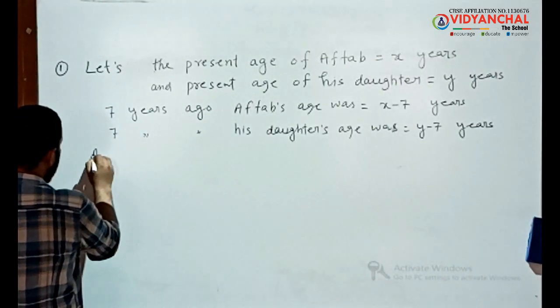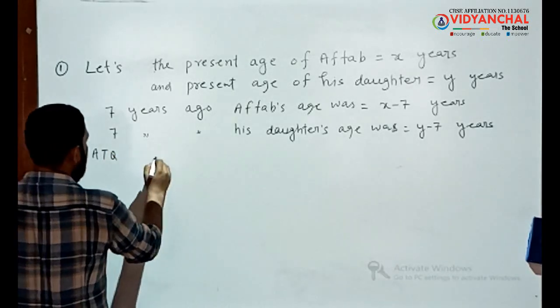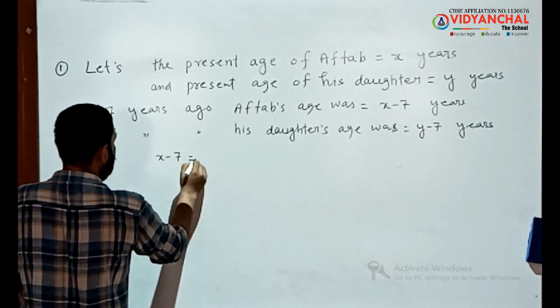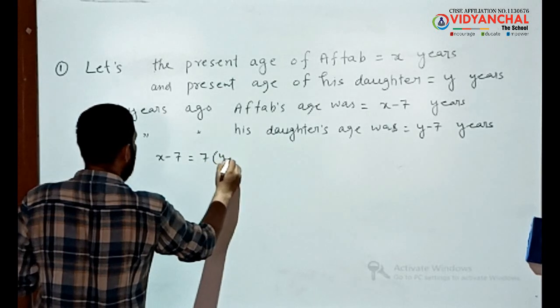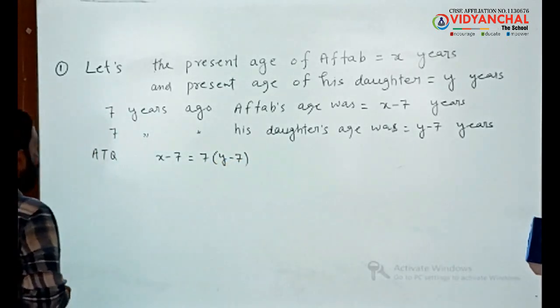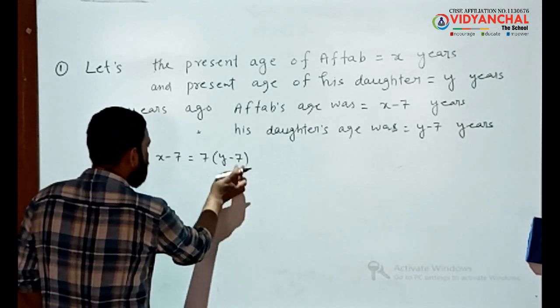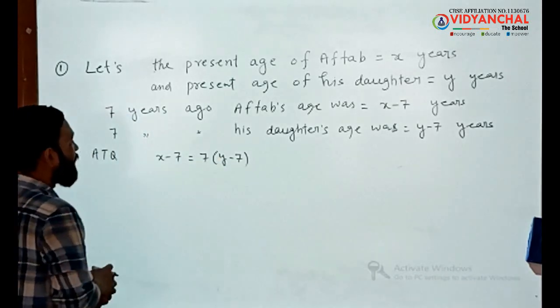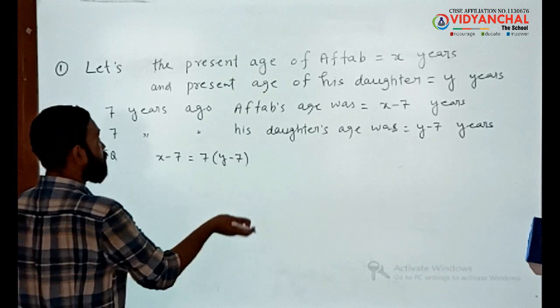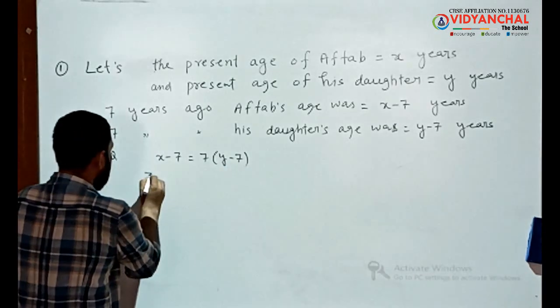Now, according to the question, X minus 7 equals 7 multiplied by Y minus 7. 7 years ago Aftab's age was 7 times the age of his daughter 7 years ago.